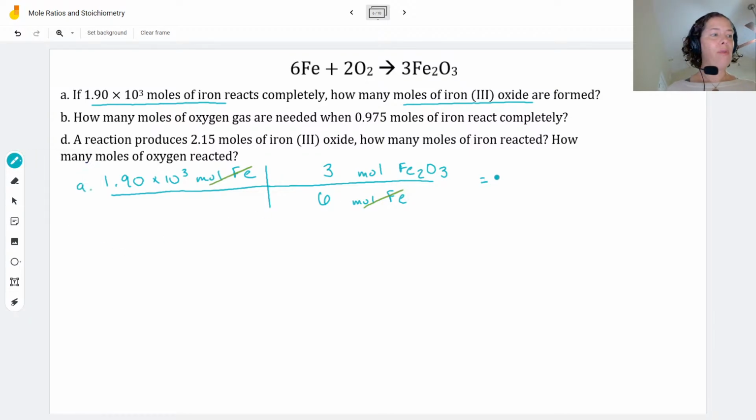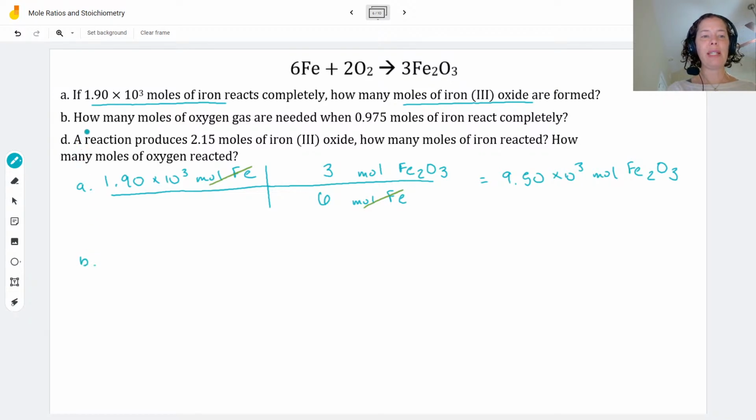And now we can get our answer, which is 9.50 times 10 to the third moles of iron 3 oxide. Okay, so hopefully pretty simple, pretty straightforward. Let's keep going. Let's do part B.